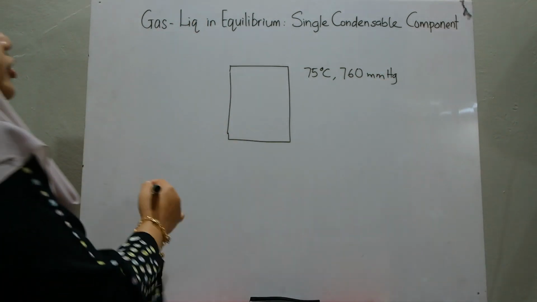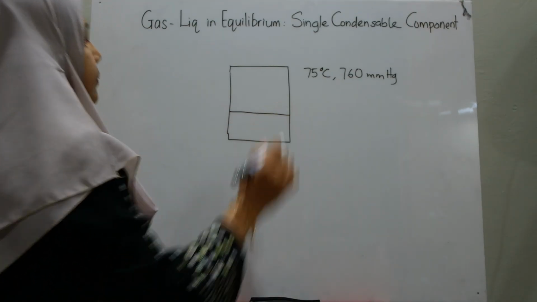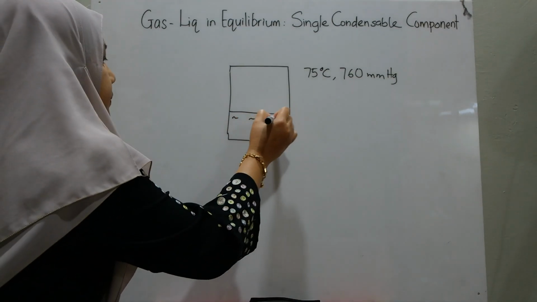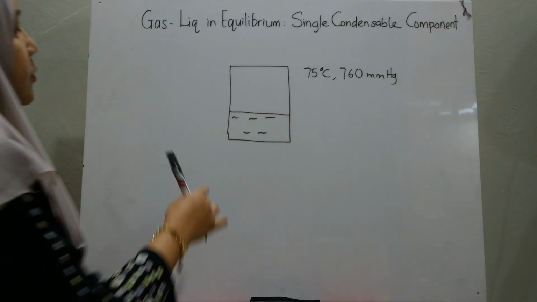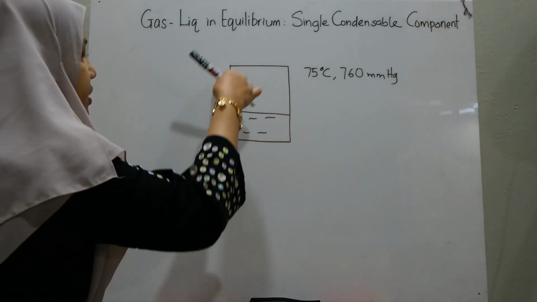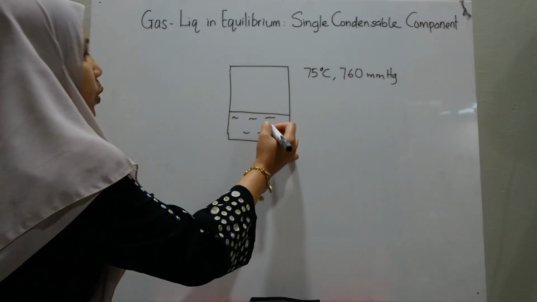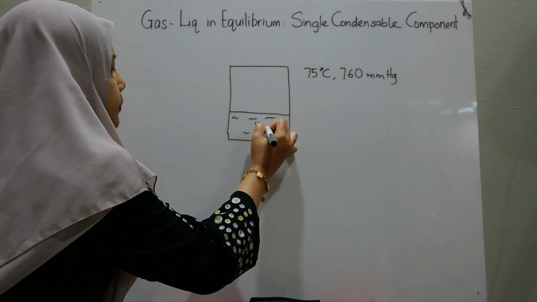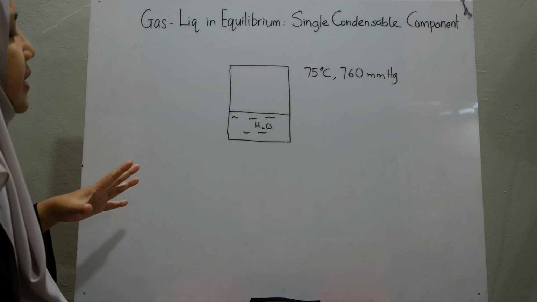And then you introduce water to the system. So this is your water, liquid water into this closed container. Initially it was all air, and then you put water, H2O.